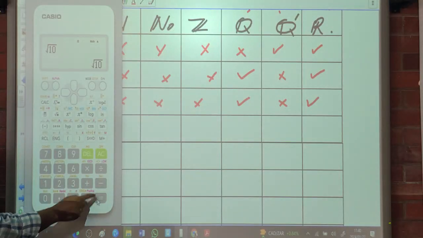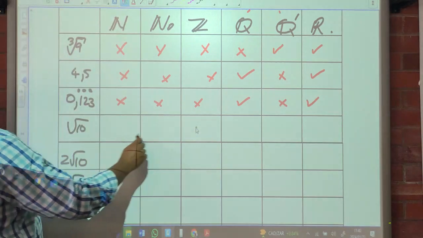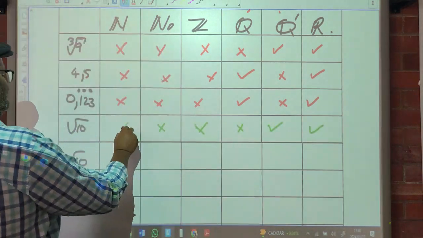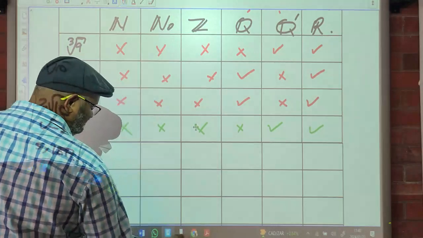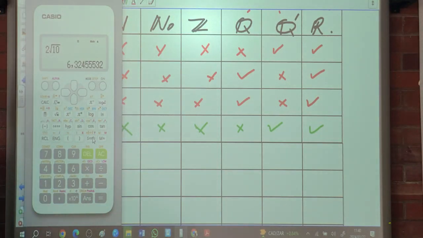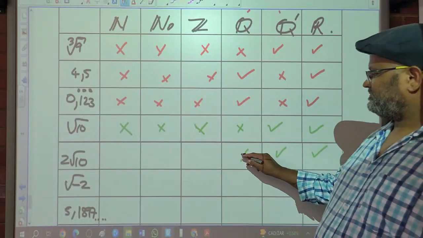So that is irrational and real. So it's no, no, no, and no. 2 root 10, that's also a third. You see that, people? That's also irrational and real.